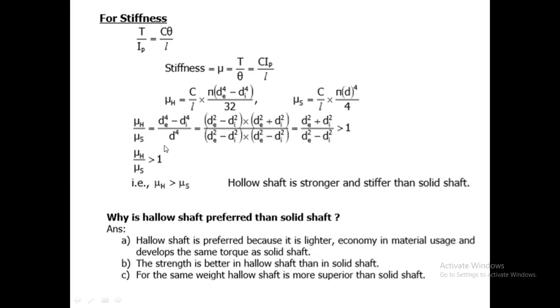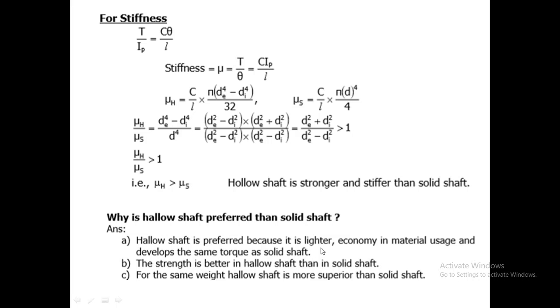So by observing the previous problems, we can answer this question of why the hollow shaft is preferred over the solid shaft here. So we know that the hollow shaft will be lighter than the solid shaft, and the cost of the material will be less for the same torque developed here, and the strength is better in the hollow shaft than the solid shaft.